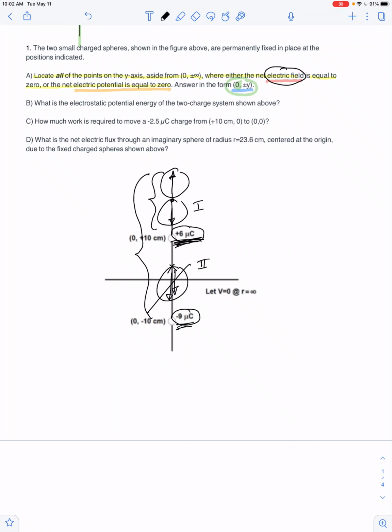So in that regard, we can rule out region 3, right? We're going to have electric field vectors in opposite directions. The positive charge is going to make a field vector that points down. The negative charge is going to make a field vector that points up. But the upward electric field vector will always be greater in magnitude than the downward one, so that wouldn't be equilibrium.